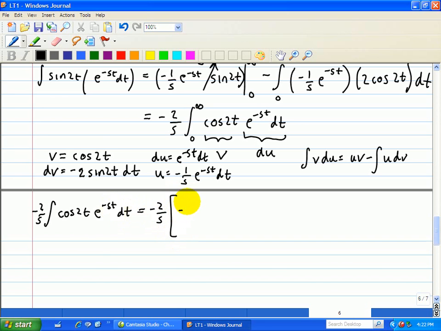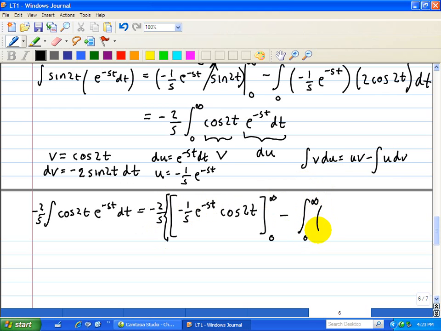So we have again negative 1 over s for u, e to the minus st. Oops, I forgot this is not a dt here. That's our u expression, and then v is cosine of 2t, going from 0 to infinity, minus, and we put curly brackets here because we got our second integral right here, going from 0 to infinity.